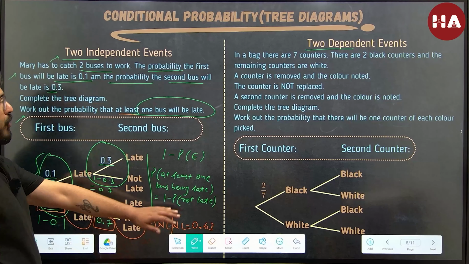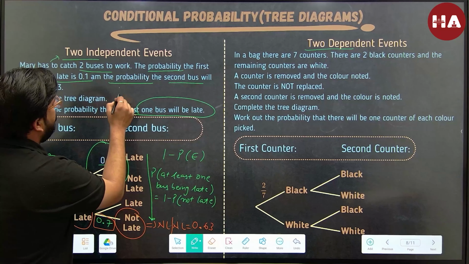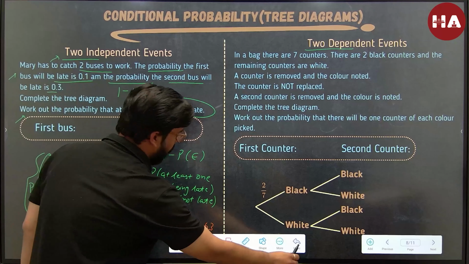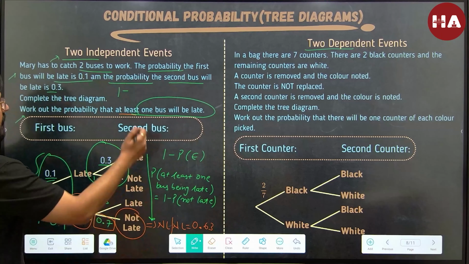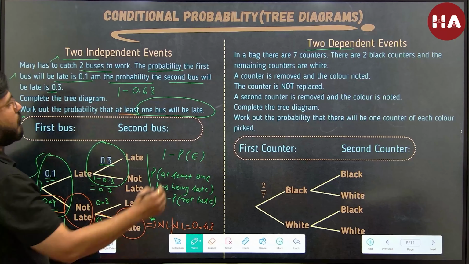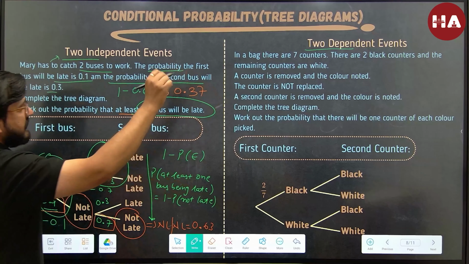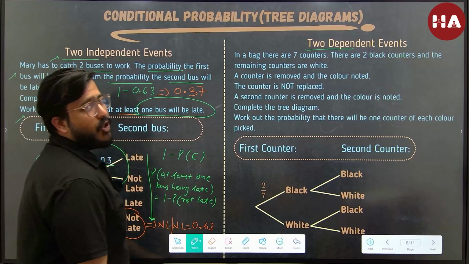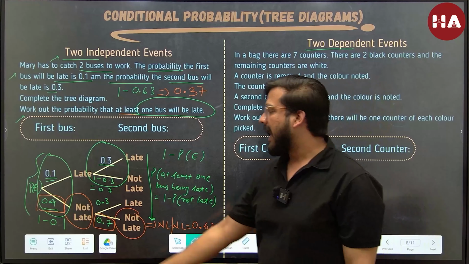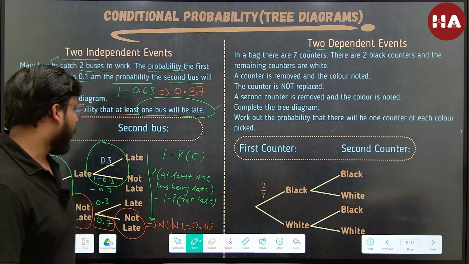Now you can put the value in and formulate your answer: 1 minus the probability of not late, which is 0.63, comes out as 0.37. In these types of questions you just have to apply the AND rule and multiply the probabilities to get the final answer.